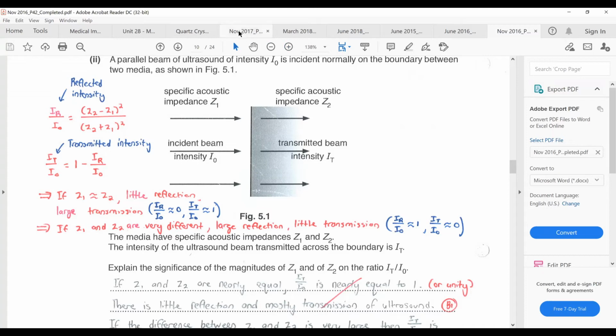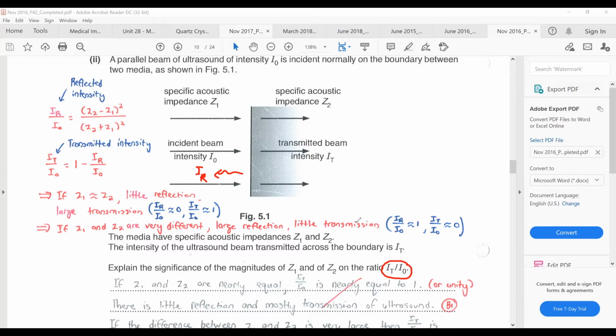This is your incident intensity, this is your transmitted intensity. When this hits your boundary, there's supposed to be a reflected intensity, IR. The fraction of reflected intensity, IR to I naught, will be given by this. But the question here, you read carefully, is talking about the ratio IT to I naught.